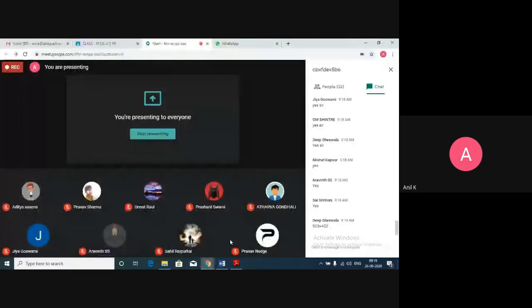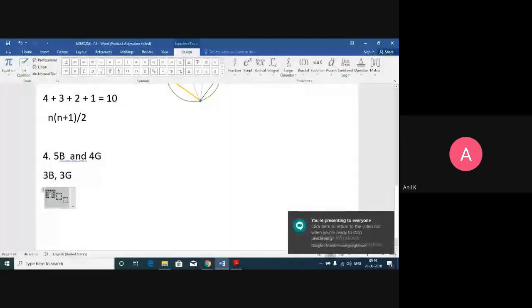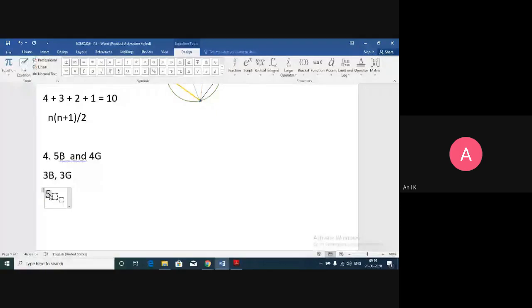5C3 into 4C3. Out of 5 boys, I have to select 3 boys. So it is 5C3 multiplied by. Why am I multiplying? I want boys and girls, not only boys or girls. That's why multiplication is coming.